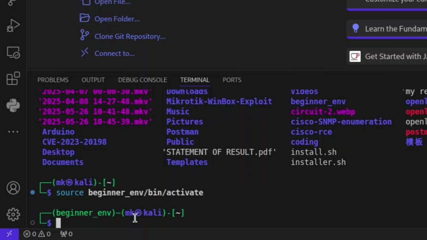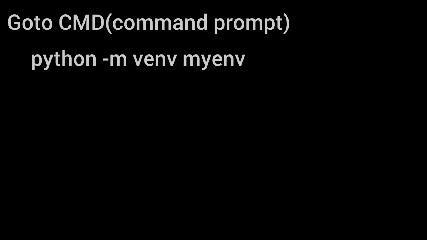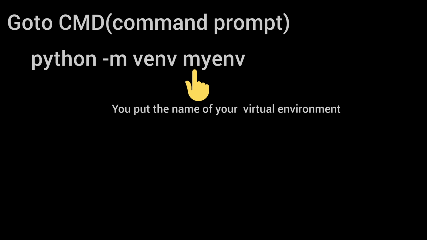So for those that are using Windows, how are you going to do that? Well, it's very simple. The first thing you're going to do, you just go to CMD, which is command line interface, or I say command prompt. When you go to CMD, then you write python -m venv, which is virtual environment, and then the name, whatever you put for your virtual environment.